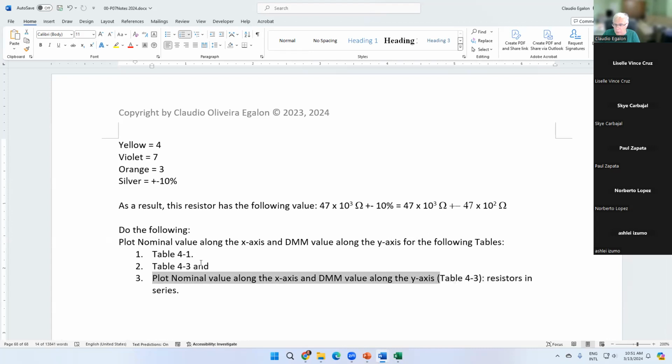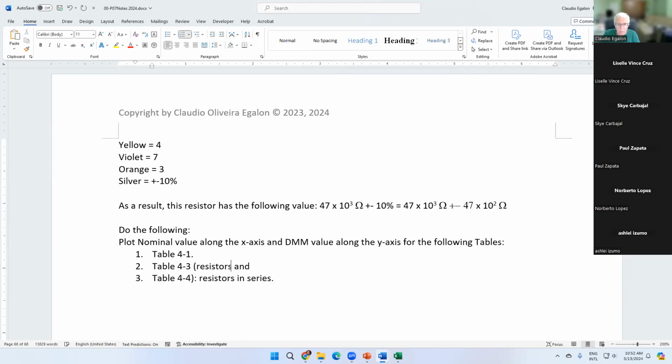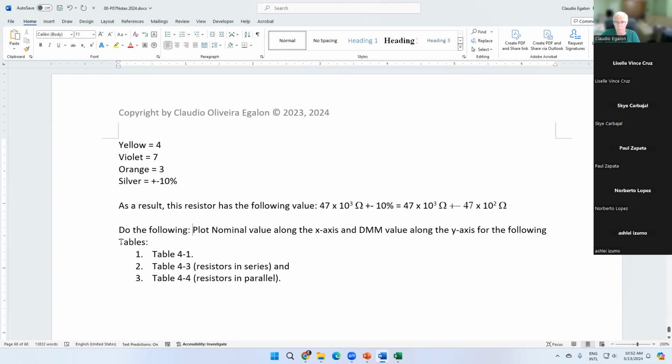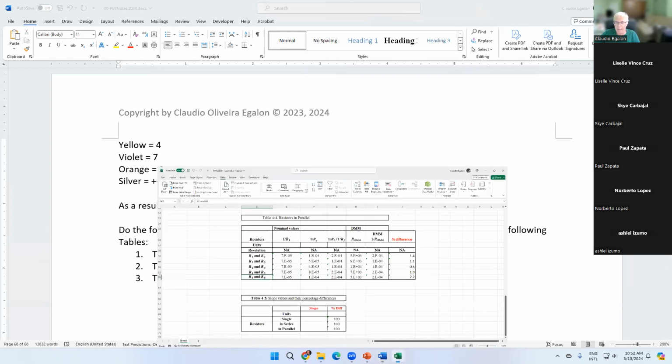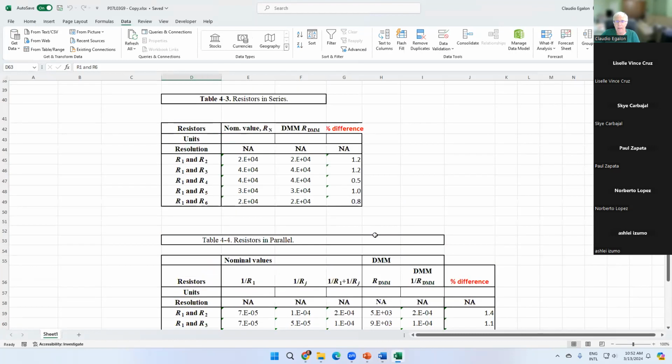You can put 4-4, resistors in series and resistors in parallel. Can you do that? So the first thing you gotta do is this one. I'll give you some time there to do that.